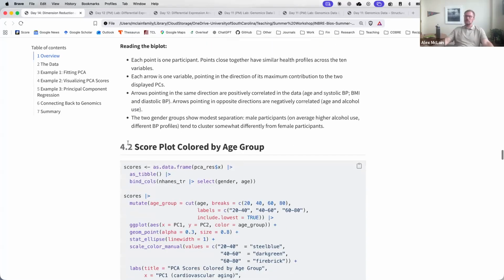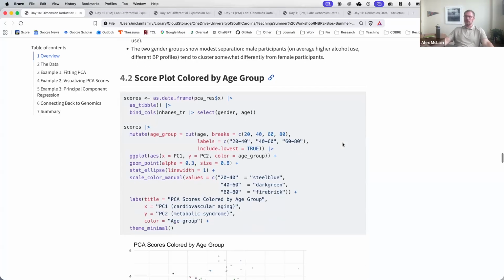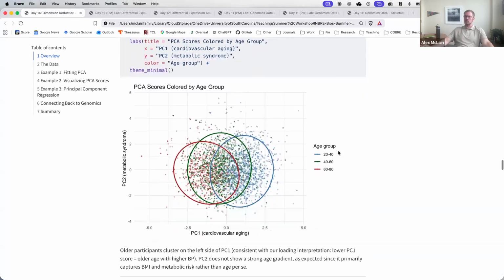Okay. Let's look at the score. This is just another one by age group. So we see the age groups split into 20 to 40, 40 to 60, 60 to 80. PCA1 was related to age, so there's a clear relationship there. The older age groups are lower on PCA1.